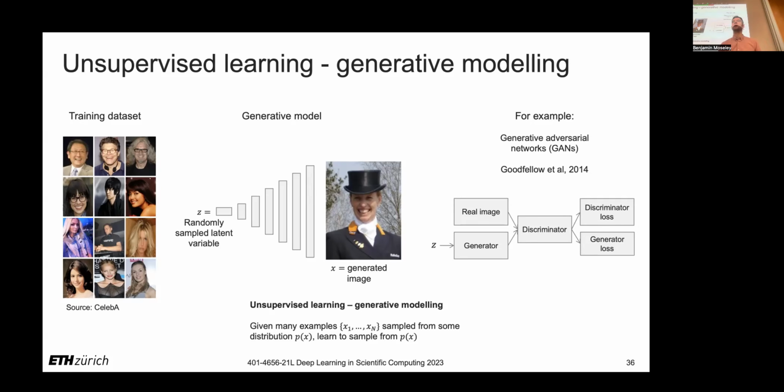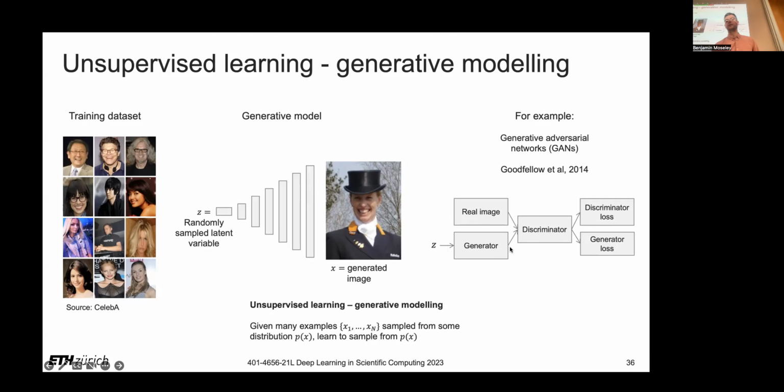I'm not going to go into detail about how GANs are trained, but the high level way that they work is you have this generator here, which is usually a convolutional network that takes a random number, or a bunch of random numbers, as input and outputs a generated image.